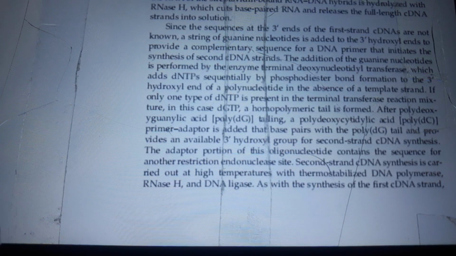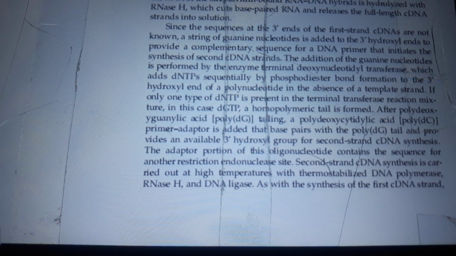Since the sequences at the 3' ends of the first strand cDNAs are not known, a string of guanine nucleotides is added to the 3' hydroxyl ends to provide a complementary sequence for a DNA primer that initiates the synthesis of second cDNA strands.